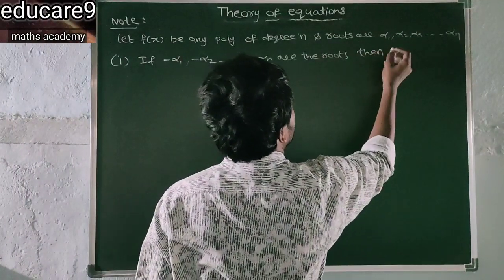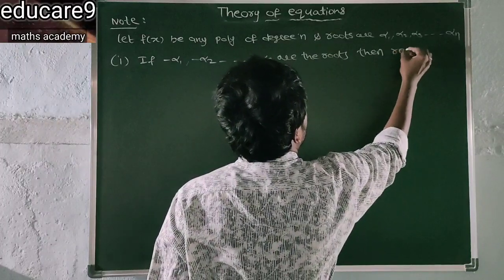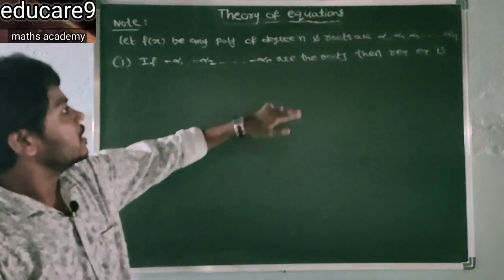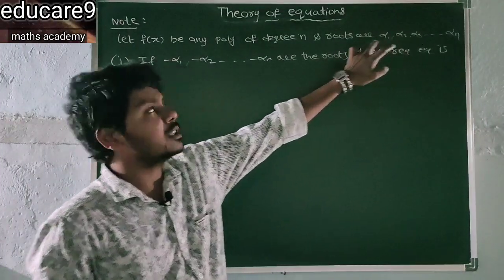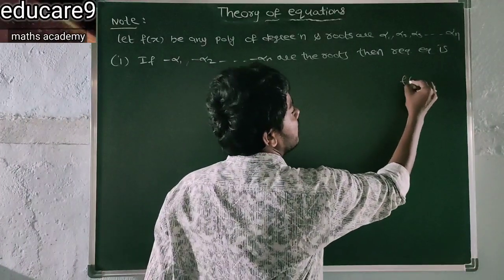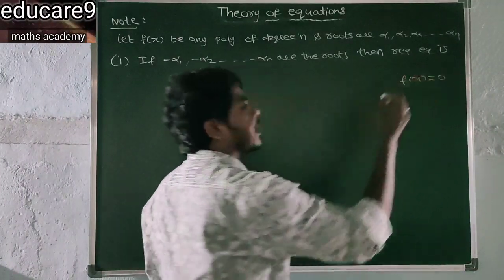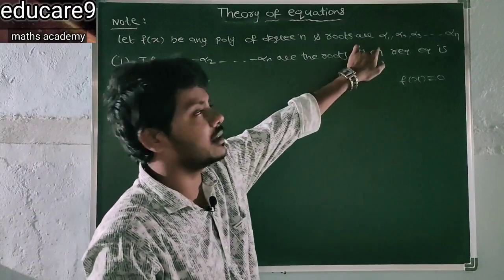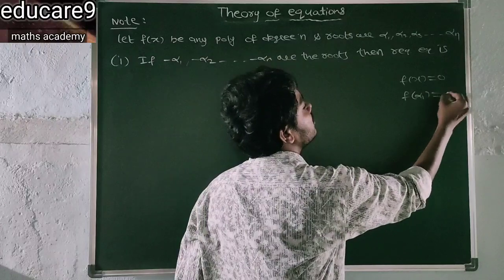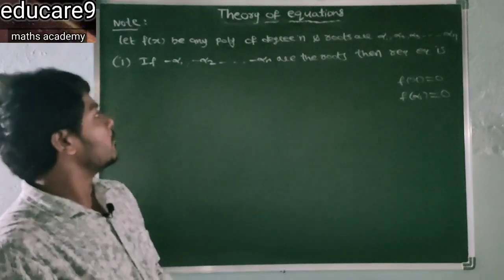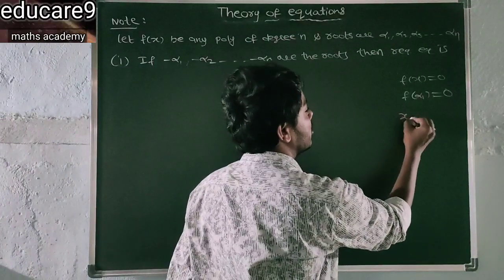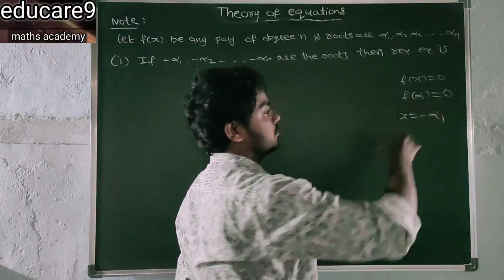Then what is the required equation? See here, alpha 1, alpha 2, alpha n are the roots of f(x). That is, if f(x) equals 0 is any polynomial equation and roots are given, so clearly f(alpha 1) is 0. But here what are the roots? Negative. So x is equal to minus alpha 1.